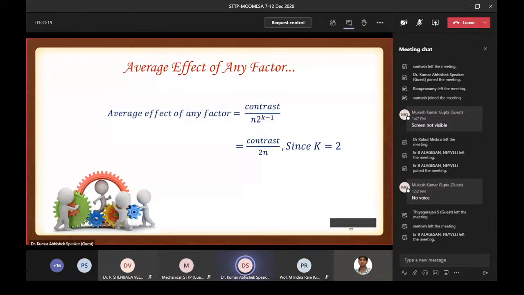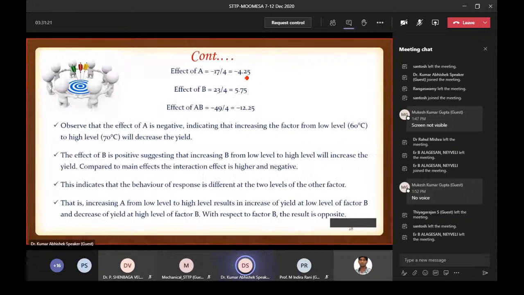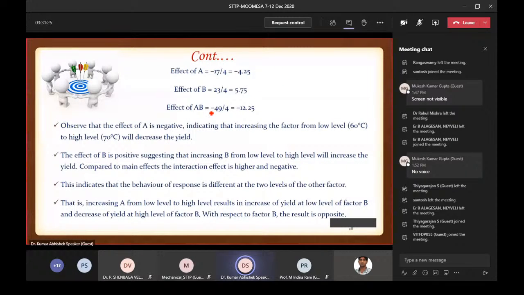So the effect of A is minus 4.25, the effect of B is 5.75, and the effect of AB is minus 12.25.